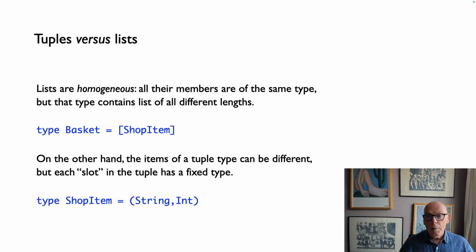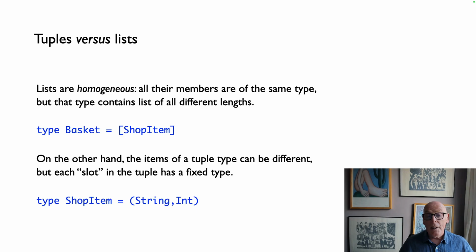Now, we talked about this a bit in the introduction to the block, but just to reiterate, a basket in this shop case study would be a collection, a list of shop items, and all the members of that list are of the same type. But the type can contain lists of all different lengths. So for example, it can be an empty basket with nothing in.